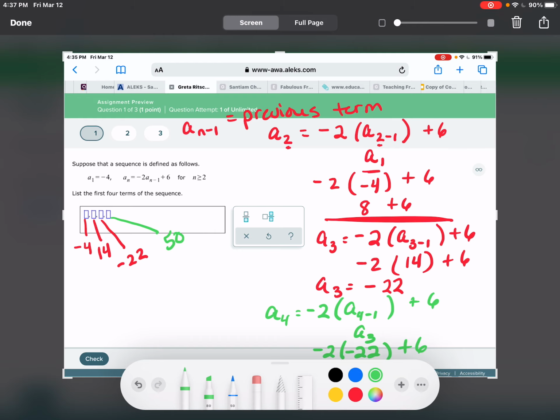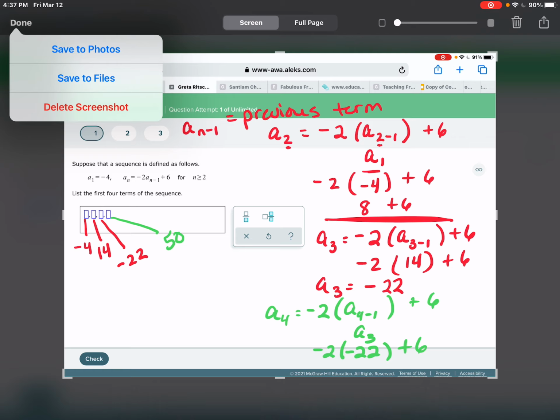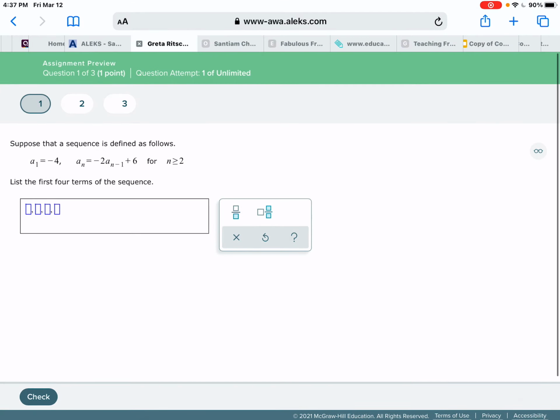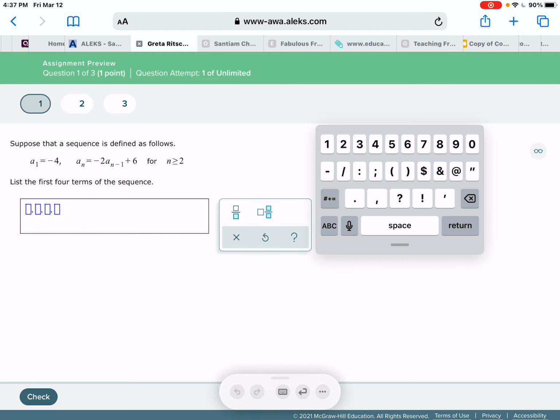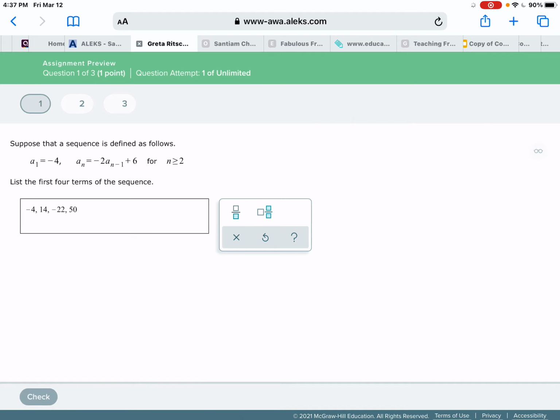So the terms are -4, 14, -22, 50. If I remember those right, let's see how we did.